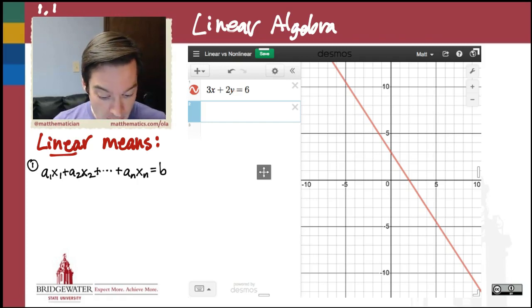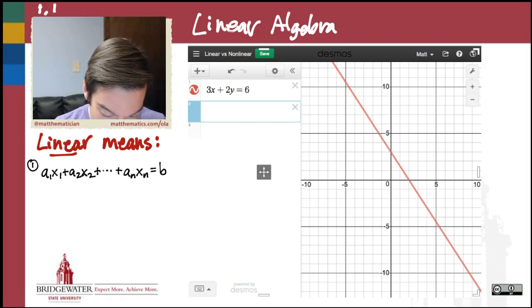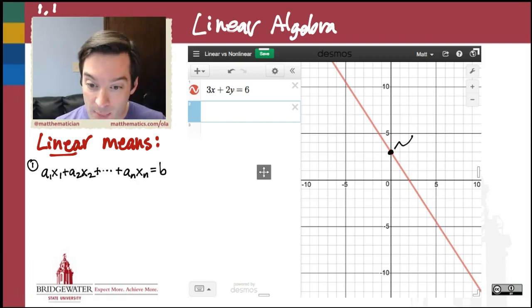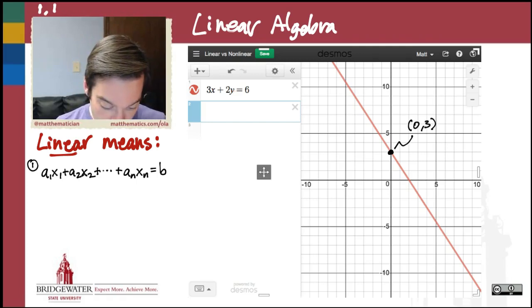So for example, one ordered pair that satisfies this equation is the point that I can find right here on the graph. Happens to be the y-intercept, although that's not really important for us. But that point is the point 0, 3. And so I'm going to try to be real careful here and write down the following.